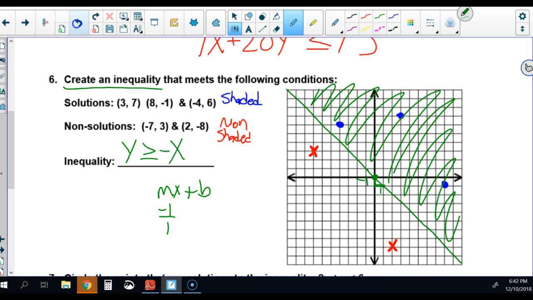So -1x, or just -x, plus b, well, my y-intercept is 0. So I don't need anything there. Put plus 0. It's not necessary, though. So y is greater than or equal to -x. That creates this green inequality, which makes those solutions and those not.